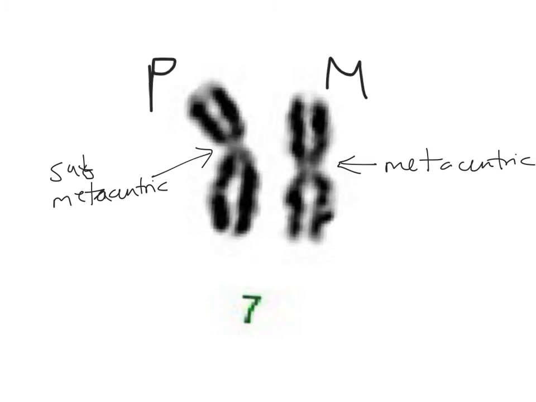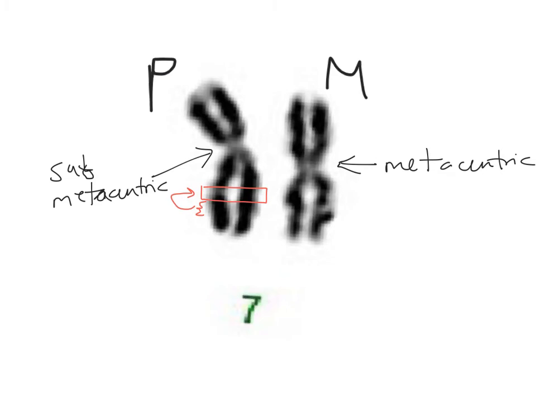Okay, so what if there's some extra DNA here that's a duplication of something else that was on that arm of the paternal chromosome? So you copy and paste DNA right next to itself, makes that arm of the chromosome a little bit longer, which also makes the chromosome then look like it's no longer in the middle of the chromosome.